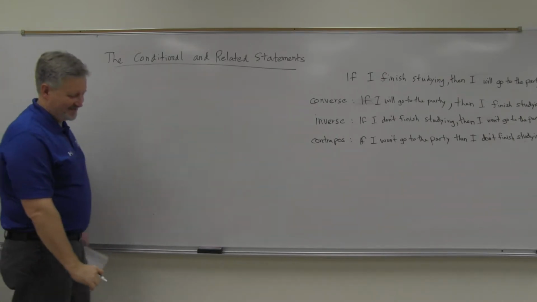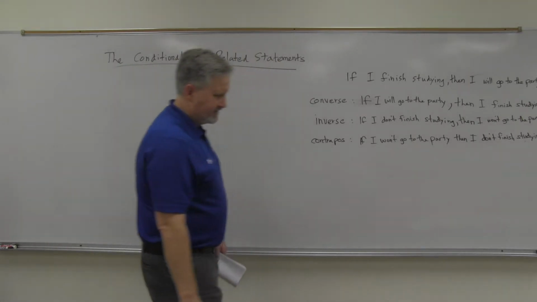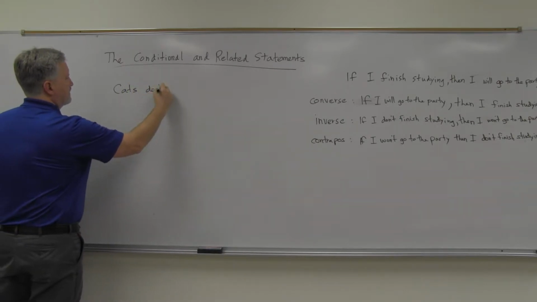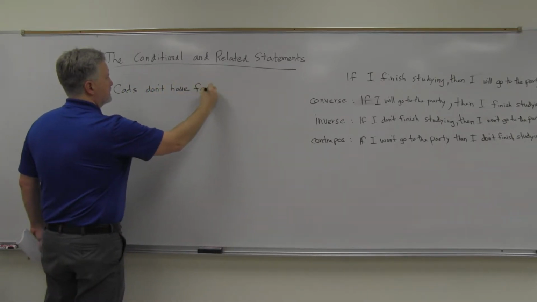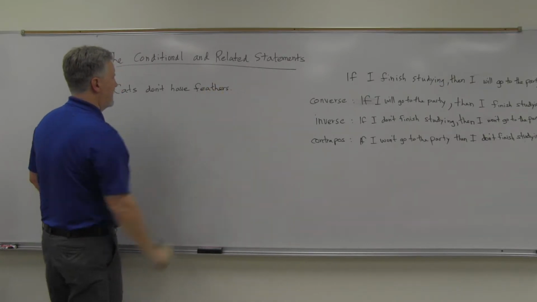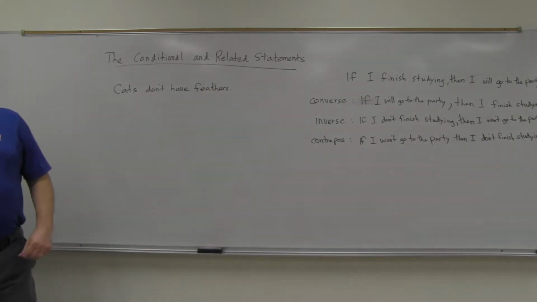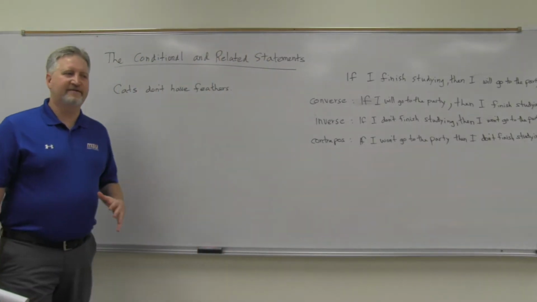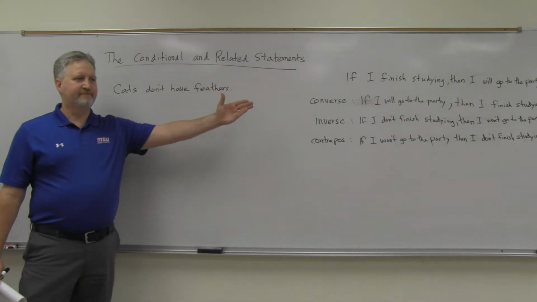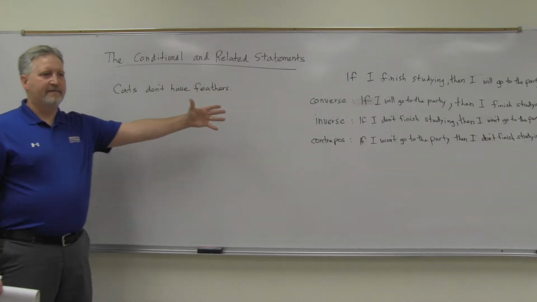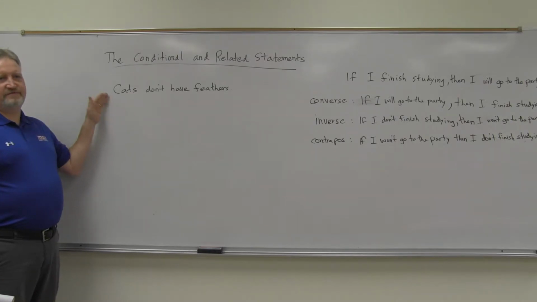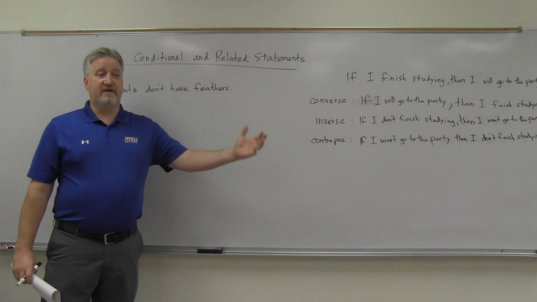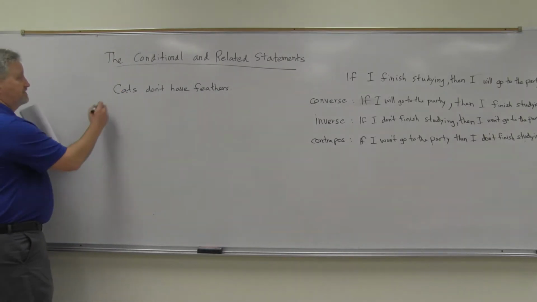Cats don't have feathers. Now, if I want to write a converse, inverse, and contrapositive of that, what do you think I probably should do? Put it in if-then form, okay? The converse, inverse, and contrapositive are based on if-then statements. So I need to write this in if-then form first.